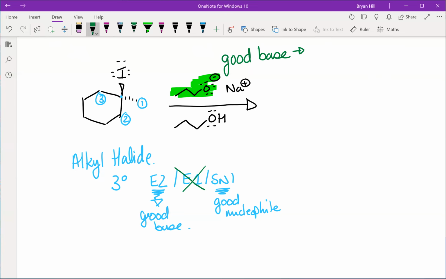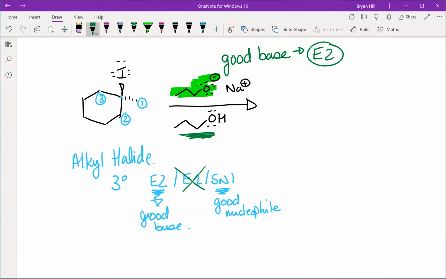It's a good base. It's a better base than it is a nucleophile for sure. So this is also hampering the SN1, right? And if you look at the conditions, this is a protic solvent, which matches the base. So this is really screaming at us E2. And so this should be an E2 reaction.